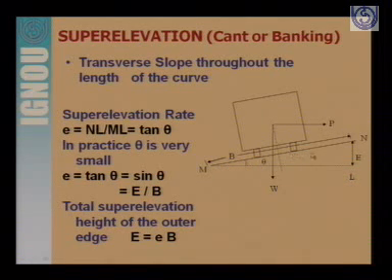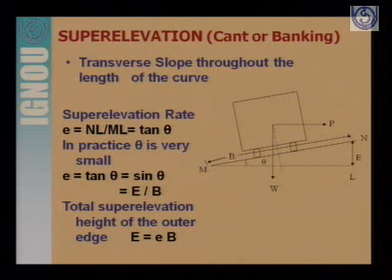So now this continuous line MN is the new level of the road, shifted by an angle theta about the inner point of the road M. When the vehicle is moving on this tilted road, P, the centrifugal force, is acting, and W, the weight of the vehicle, is acting downward. So let us see what changes have come in this new scene.